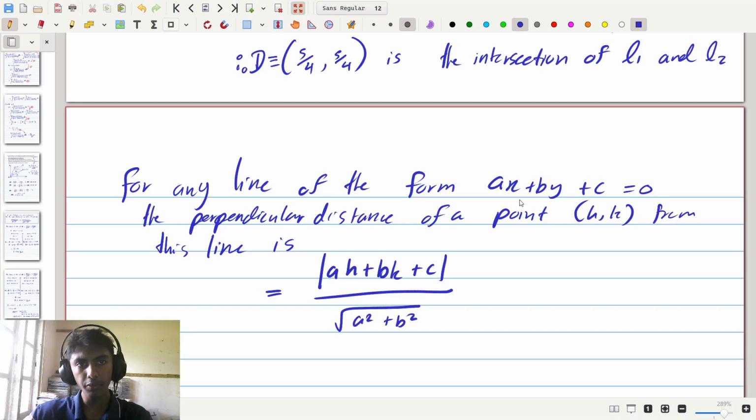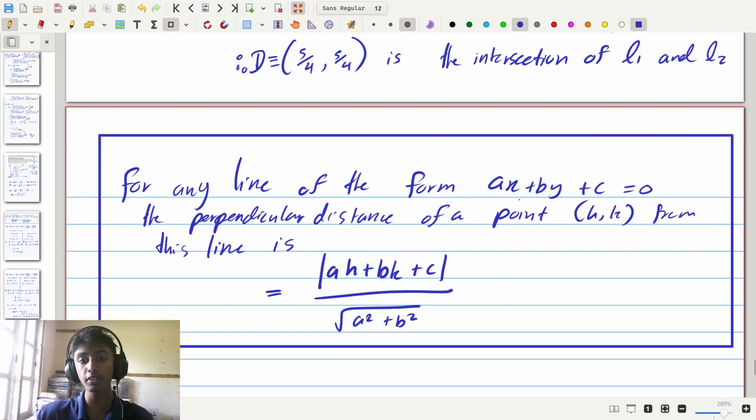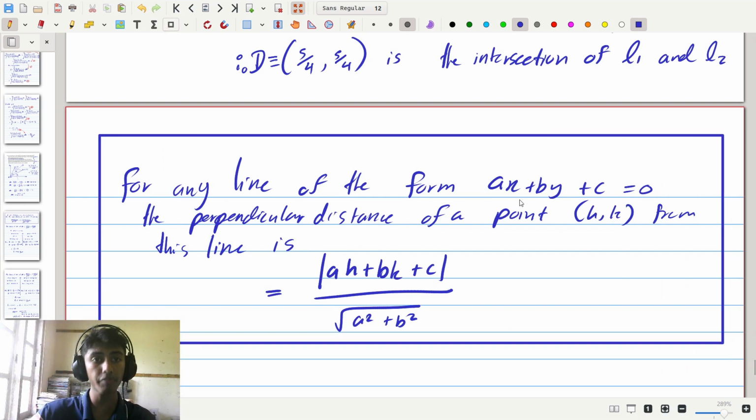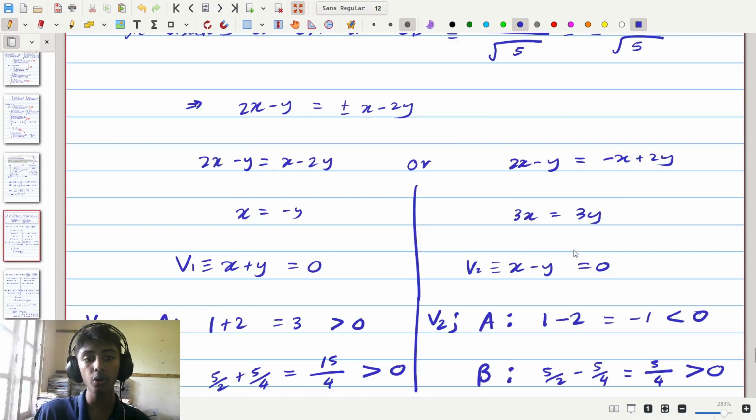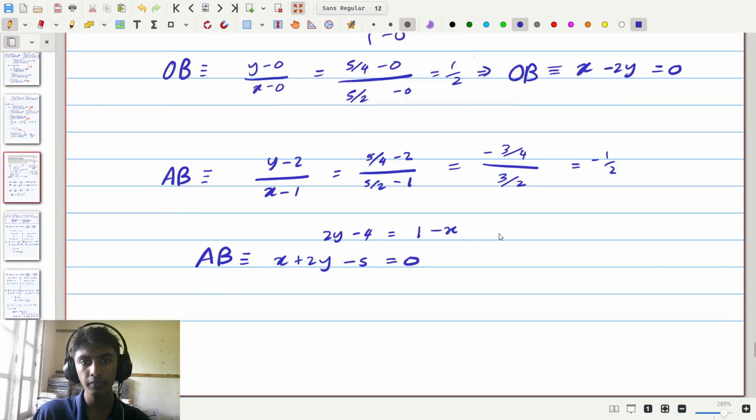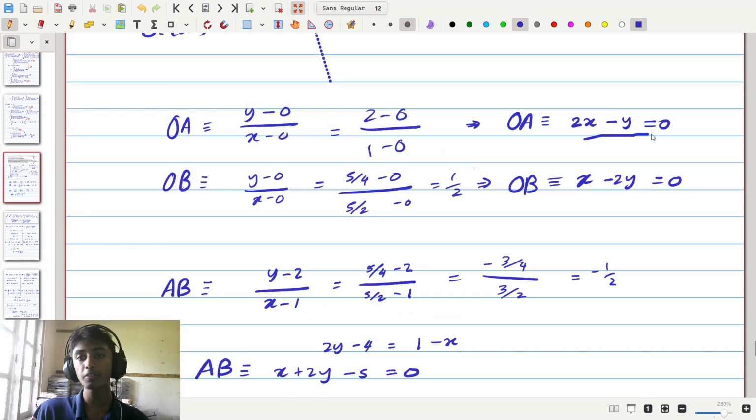So this is the theory that we're going to be using. We should write this in a box if we want to make a reference to it, and then we can apply it to this particular case, where we know that the line OA is given by 2x minus y equals 0.